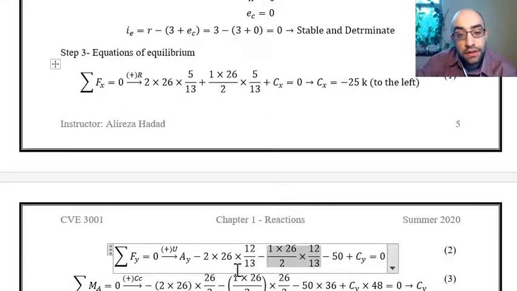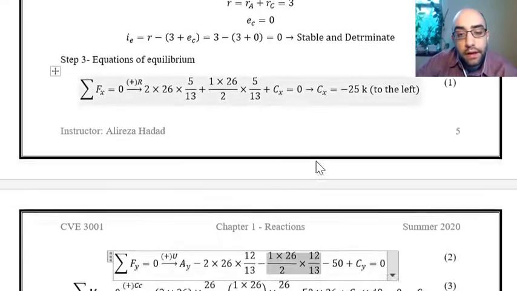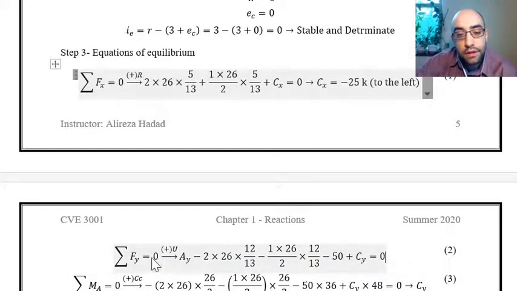Pay attention to the minus in these locations because we have a downward component of these forces, so the sign should be negative. I have 50 kips over here, so minus 50, and I have Cy at the end, which is plus Cy at the end of the equation. As you can see, these values are mentioned in this equation over here.